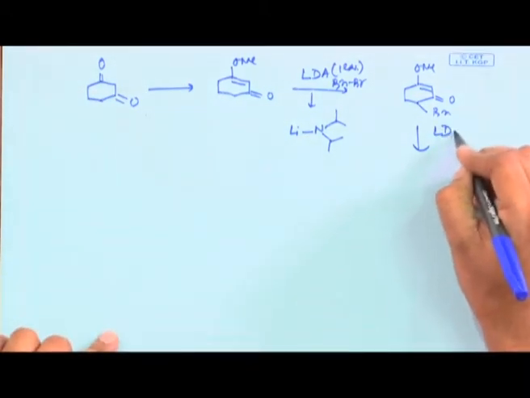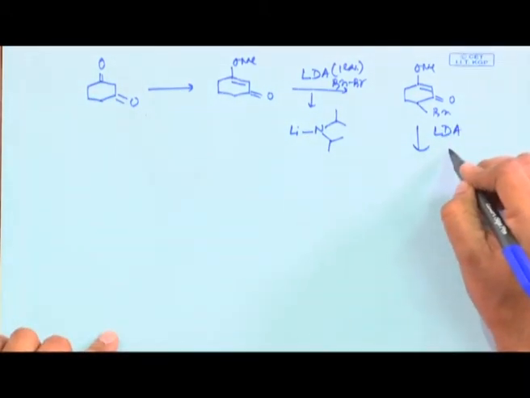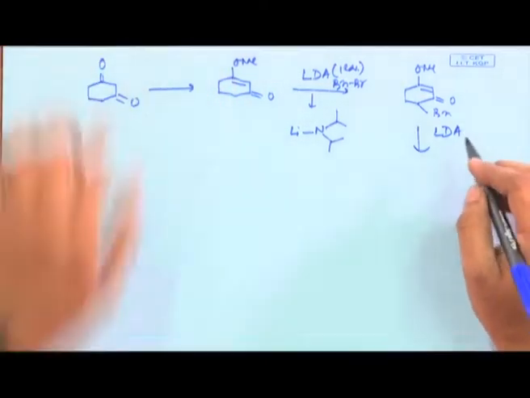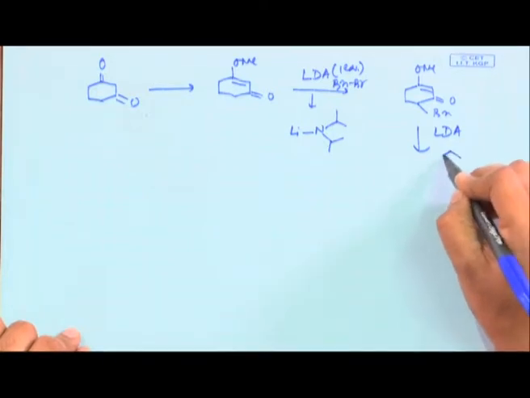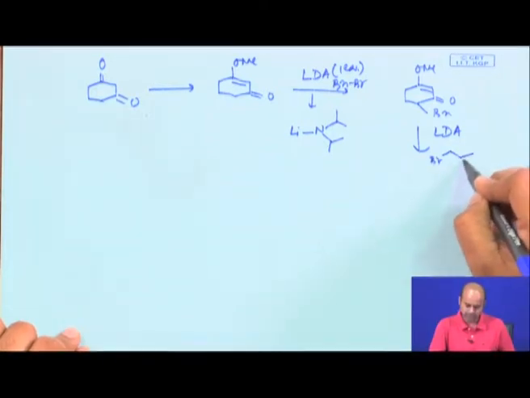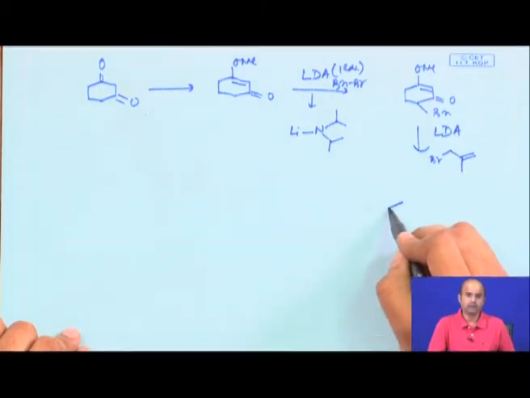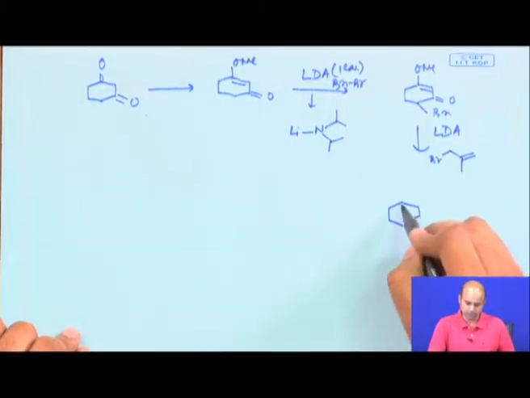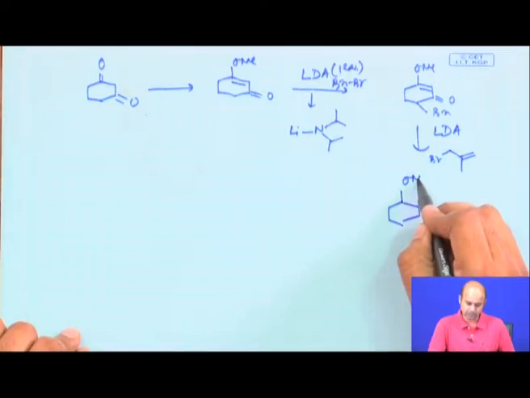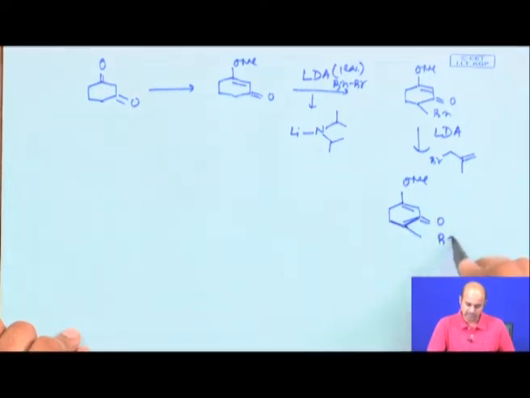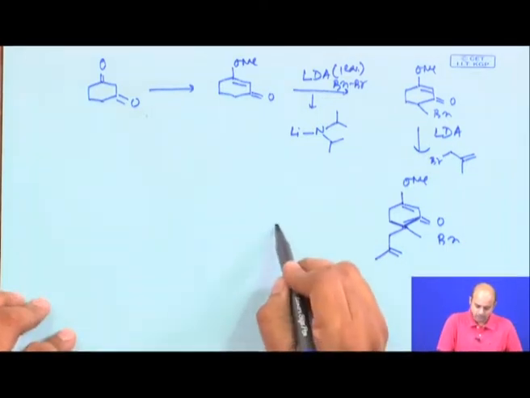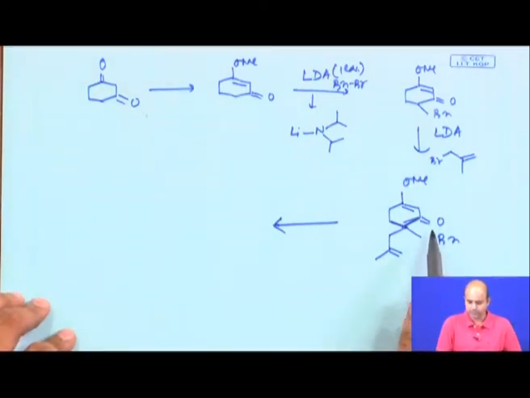So, you do another round of alkylation with LDA, with another electrophile whose structure will be this, and you do the successive rounds of alkylation altogether. You basically have a ketone, and then one is benzyl and one is the methallyl. So, now you almost came close to the final structure.